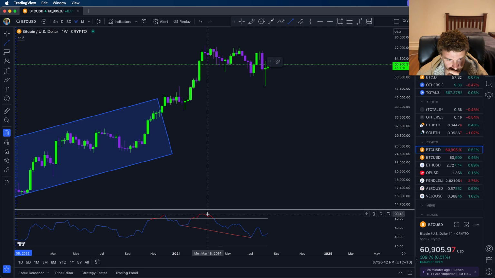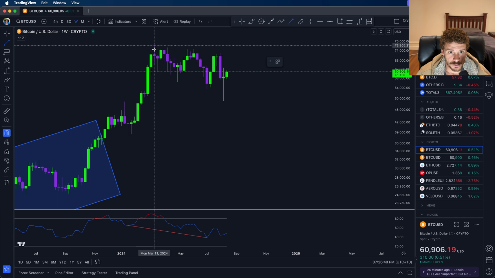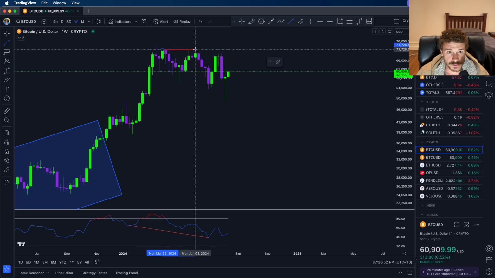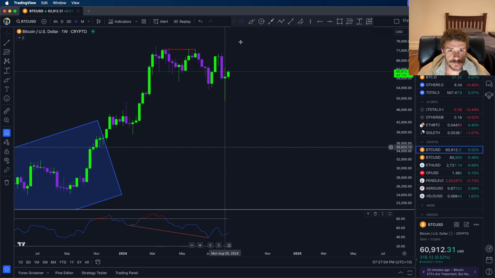Here, we didn't get divergence because this high went higher than that one, and so did price. But as you can see, price has been trading a little bit sideways, okay? Like this level here is sideways, but the RSI, the momentum, is going down. This is sideways, this is down. So you see this divergence, right?